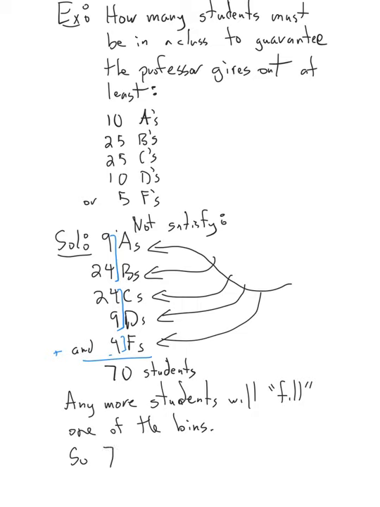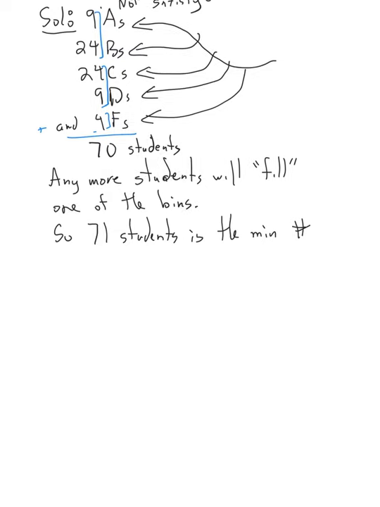So 71 students is the minimum number to fulfill the guarantee.